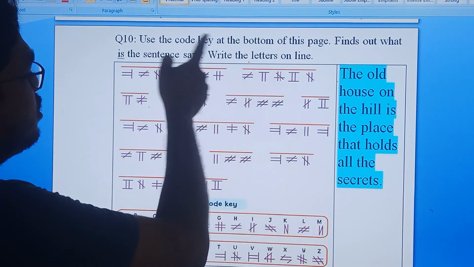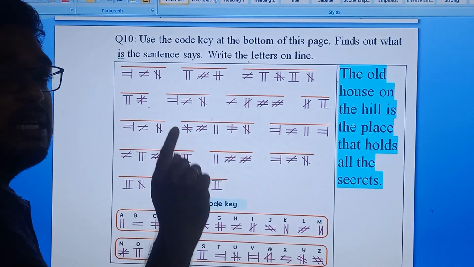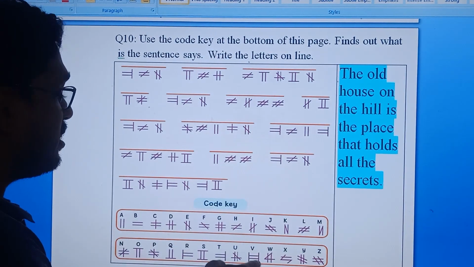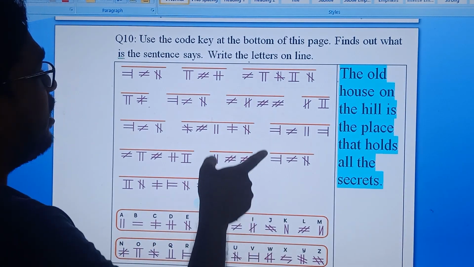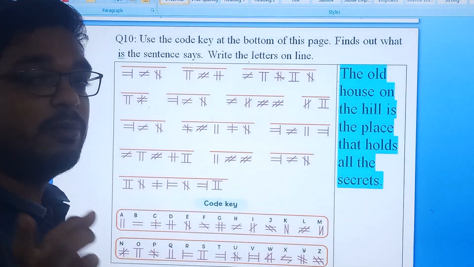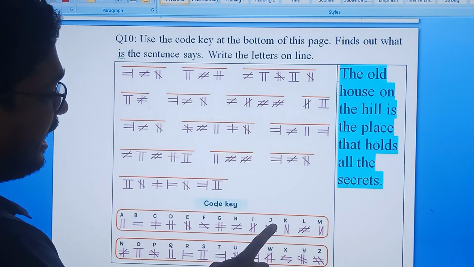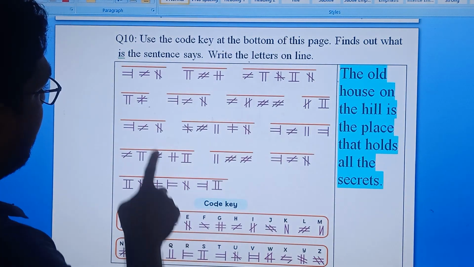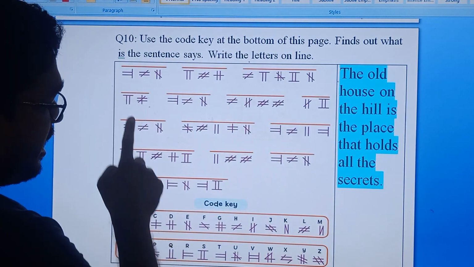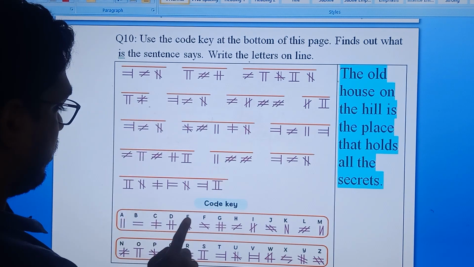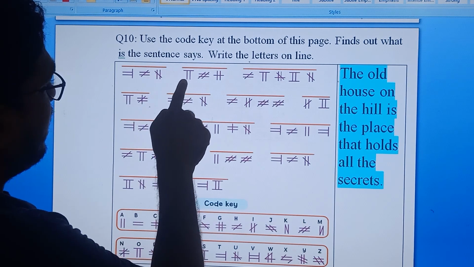ओके देखो यहाँ नेक्स्ट क्वेश्चन में कुछ स्टिक्स जैसा बनाया हुआ है और सेम जैसे कि मैंने ऑलरेडी बताया है कि सारे पिक्चर्स एक एक जैसे लगेंगे. So you have to decode all the words and remember this is also a sentence. What is this? This is T. It's H and it's E. T-H-E, the.